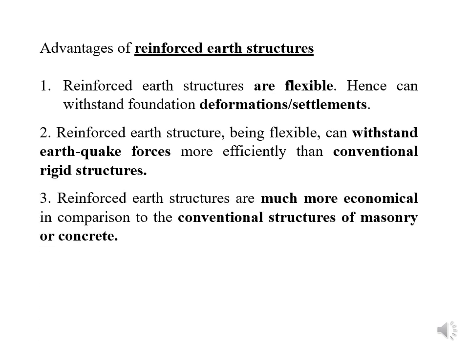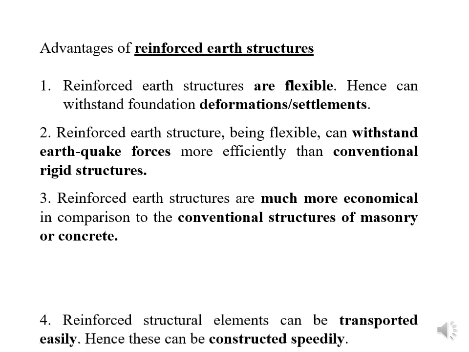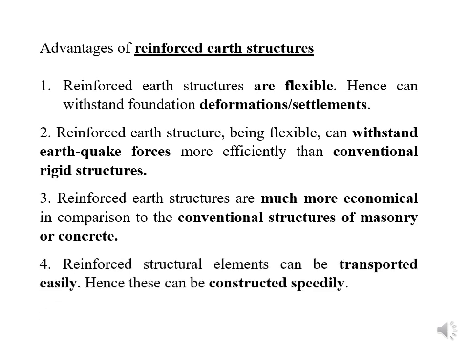It is much more economical in comparison to conventional structures of masonry or concrete. Can be transported easily. All these structural elements, soil, reinforcing element, facing unit, can be transported easily to the construction site. So construction can be carried out very fast.